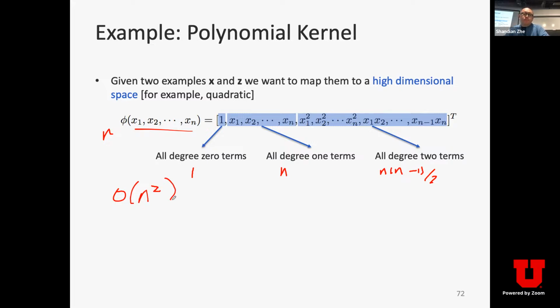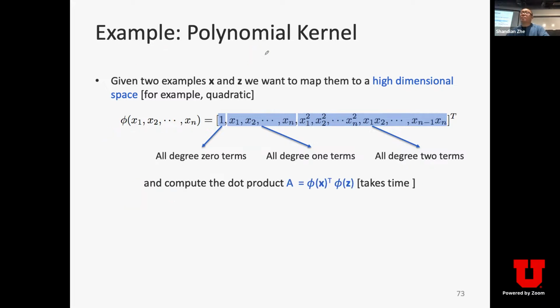Imagine your n is 100. Then after this feature mapping, you get a 10 to the power of 4 dimensional feature vector. And then I want to compute the dot product because I want to do the prediction. I want to compute the dot product of the feature mapping between every training example and the test example.